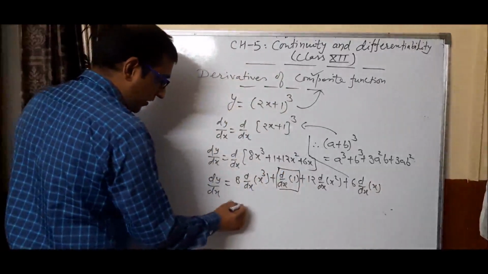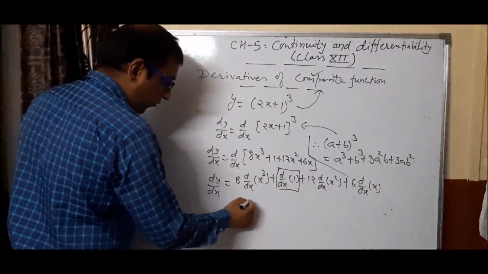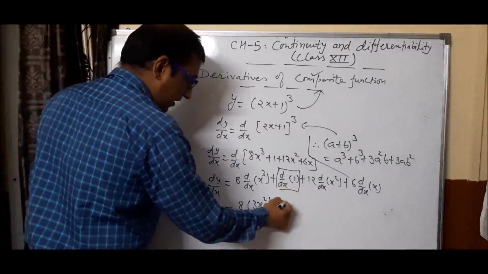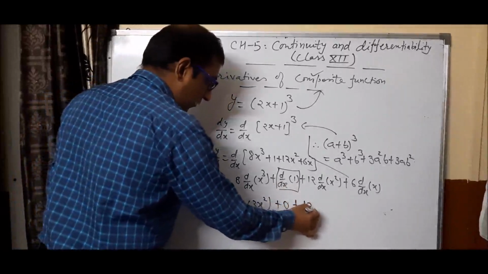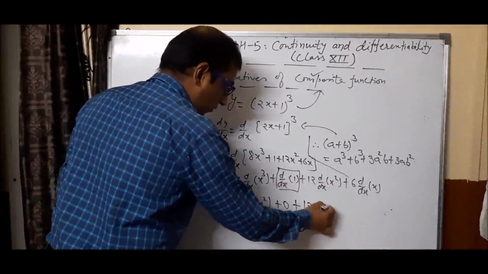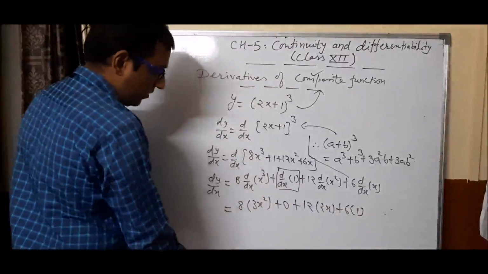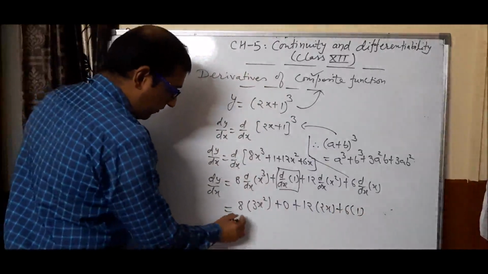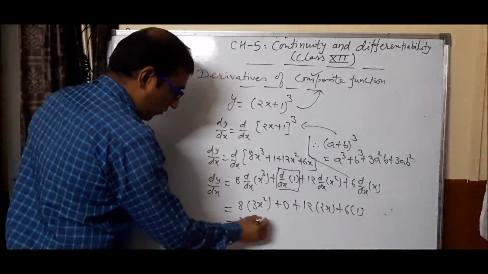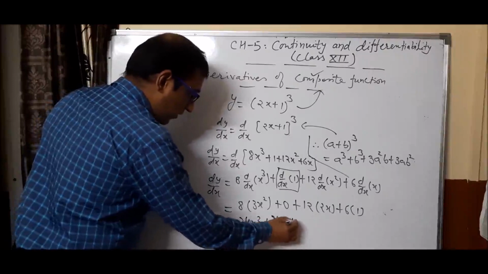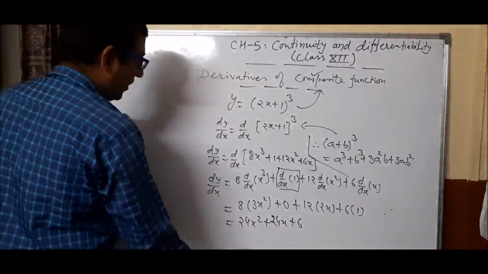And when we do the differentiation, d by dx of x cube is 3x square, d by dx of constant is totally 0, then 12 as it is, d by dx of x square is 2x plus 6 into 1. So when we solve it, what we will get? We will get 24x square plus 24x plus 6. After this, what we will do?